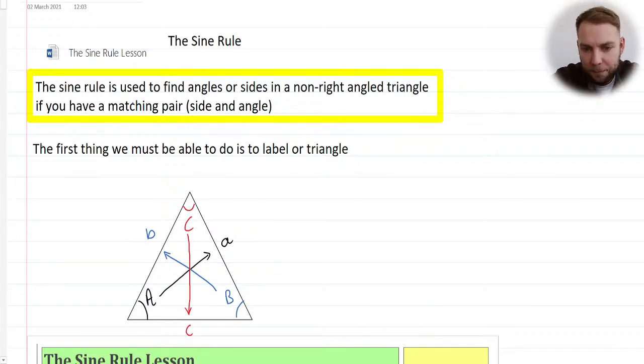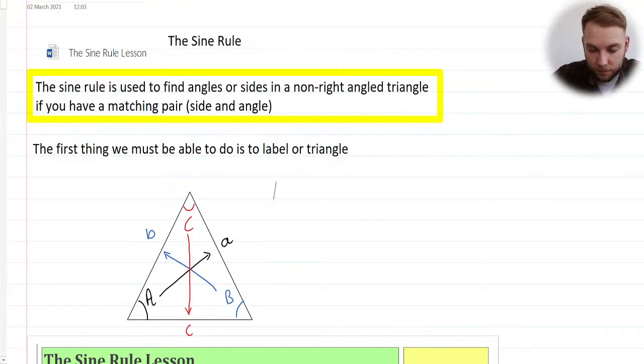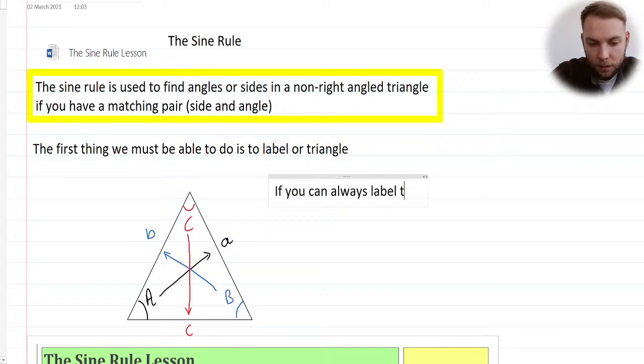And Mr. Adams' top tip, if you can, always label the side or angle you want as either capital A or little a.